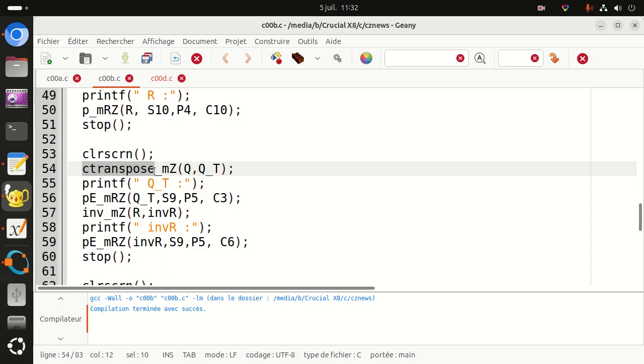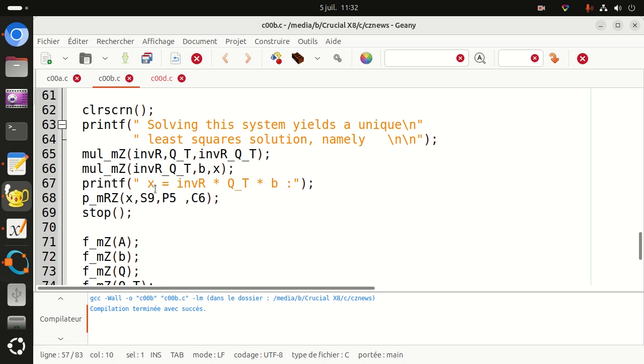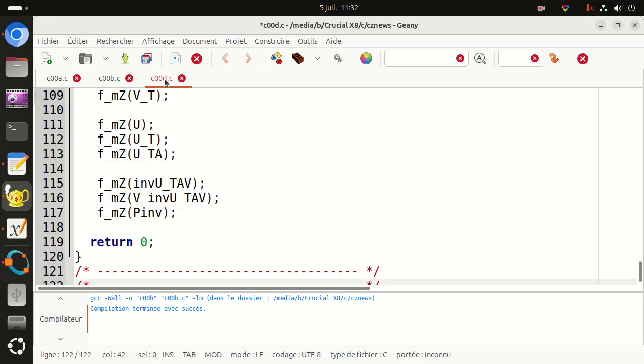You take the conjugate transpose of Q, you take the inverse of R, and you multiply the inverse of R by the conjugate transpose of Q, and then you multiply this value by B, and you have the result.